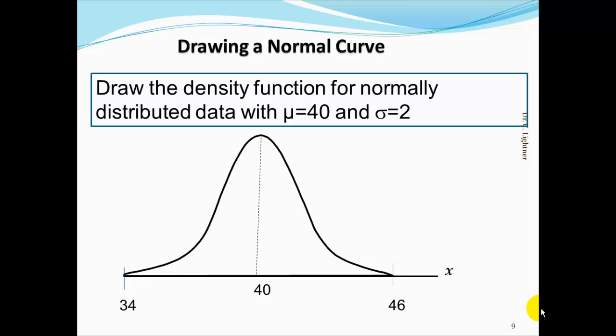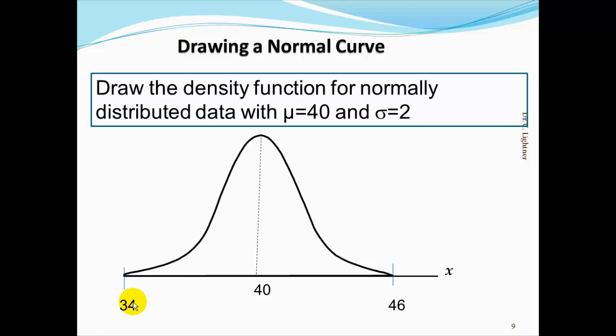First, we have normally distributed data with a mean of 40 and a standard deviation of 2. We draw our normal curve with the highest point occurring at the value 40, and our lower endpoint for this curve should occur at 34.